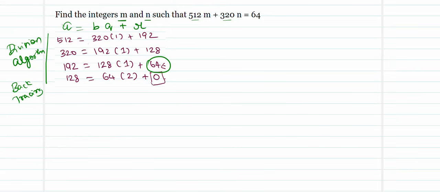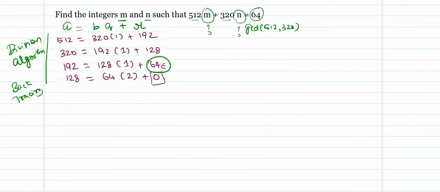Backtracing means moving back. Where do we start? We say that this 64, which is the GCD of 512 and 320, can be expressed as the linear combination m times 512 plus n times 320. Then what are m and n?